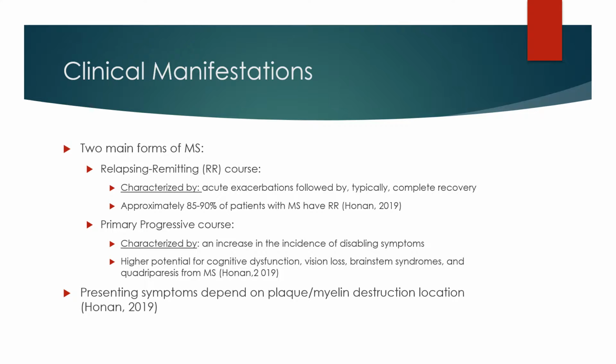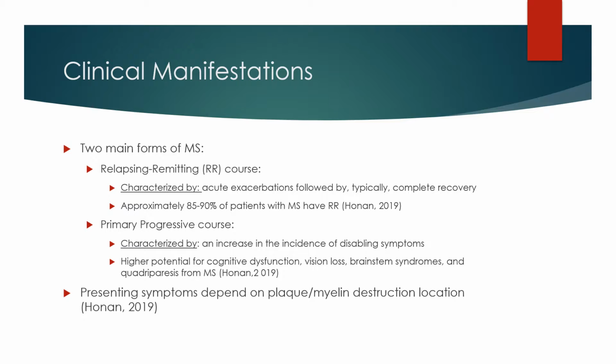There are two main forms of MS, relapsing remitting course and primary progressive course. Approximately 85 to 90% of patients with MS have the relapsing remitting course, and this means they experience periods of symptom exacerbation followed by usually complete recovery. However, it is important to note that over time, residual deficits may occur and accumulate.